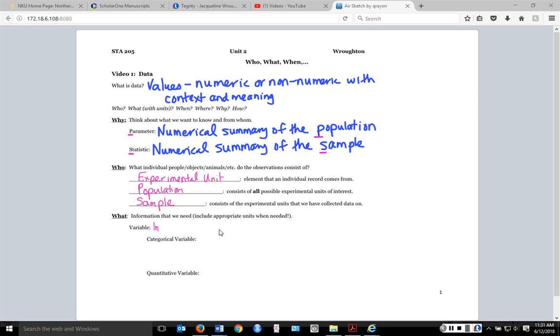So this is the information collected on an individual experimental unit. And there are a couple different types of variables that we can collect information about.